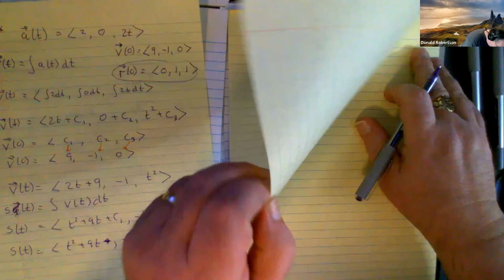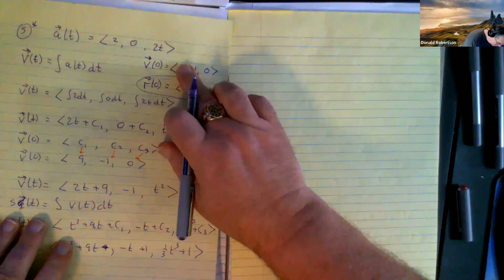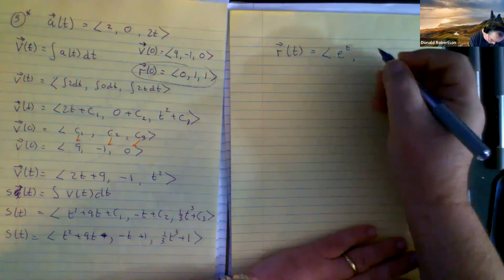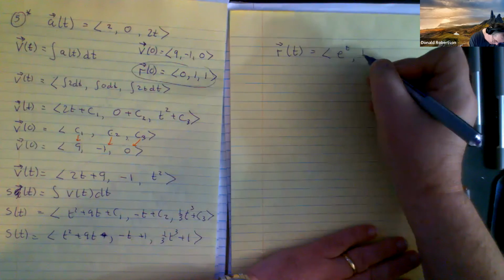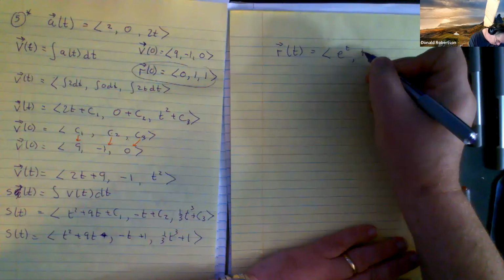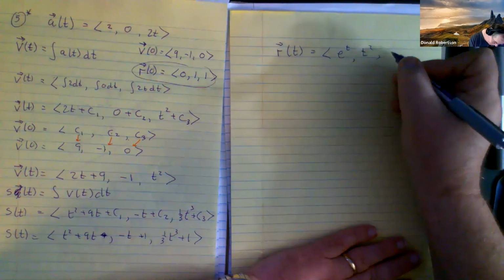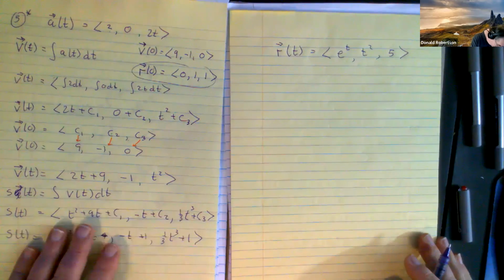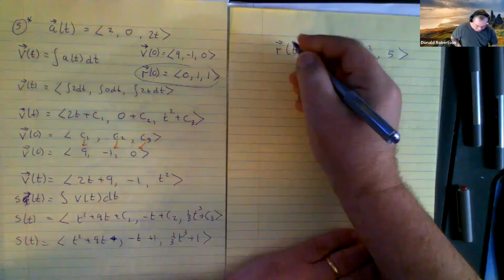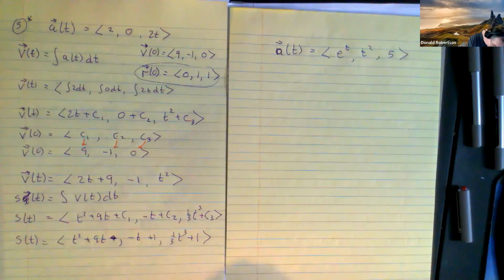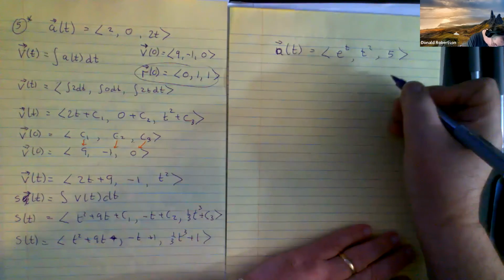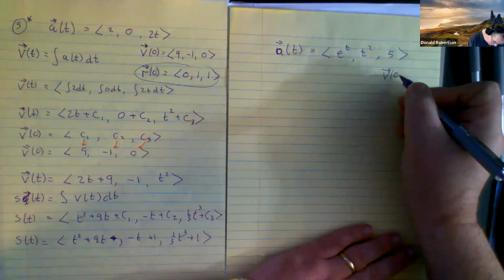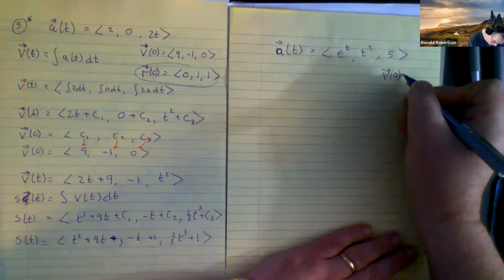So here's mine: e to the t, t squared, 5. Start with the acceleration vector. And I'm also going to tell you that the velocity at 0 is 2, 1, 4.